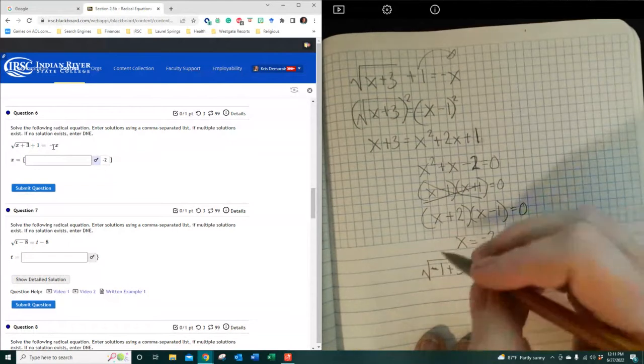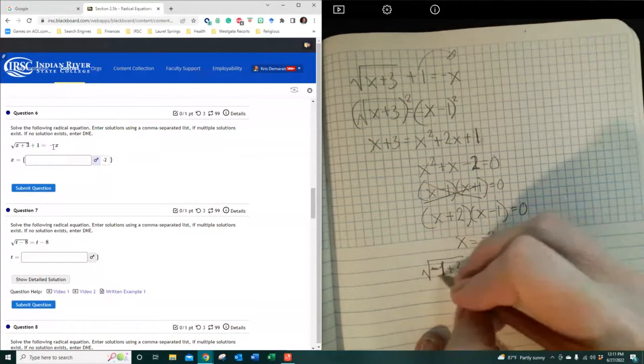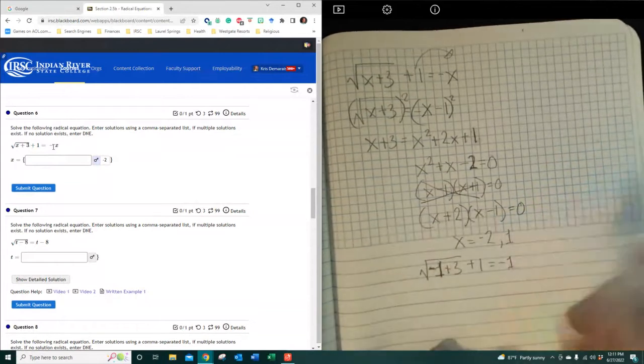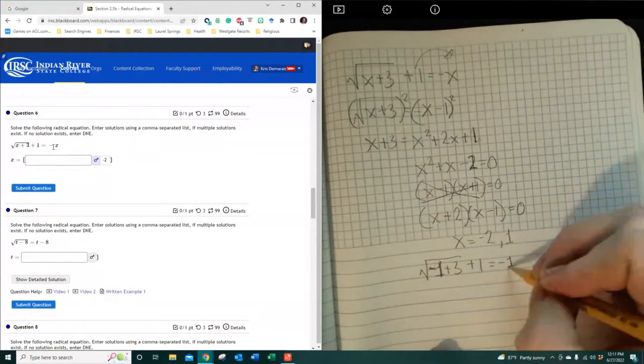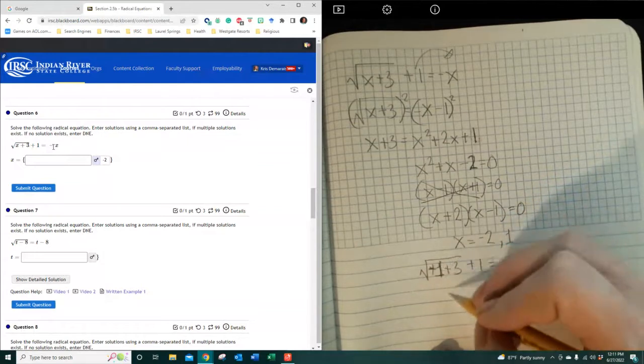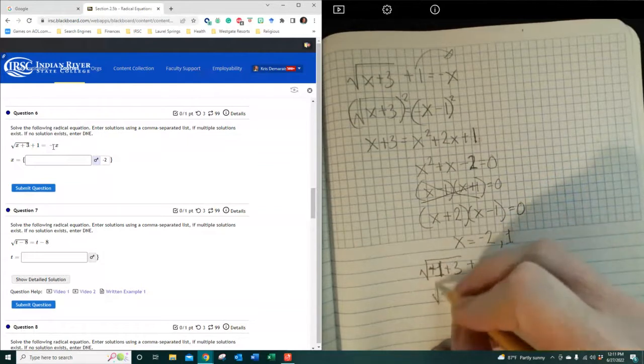Well, actually, it's +1. This becomes a -1. Now that's going to give you +1. This is going to give you 4, square root of 4.